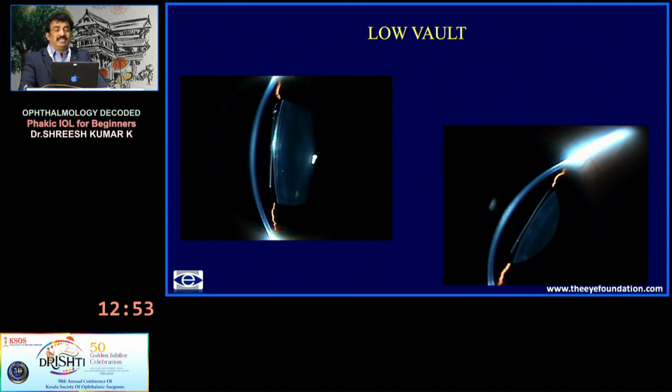Precise definitions for insufficient vault and excessive vault have, however, remained elusive because only a percentage of eyes with vault beyond any predefined range experience vault-related adverse events. If you see here, there's a very low vault in both the cases, but in this particular case the crystalline lens is very clear, while in this case it has already started developing anterior subcapsular opacification.